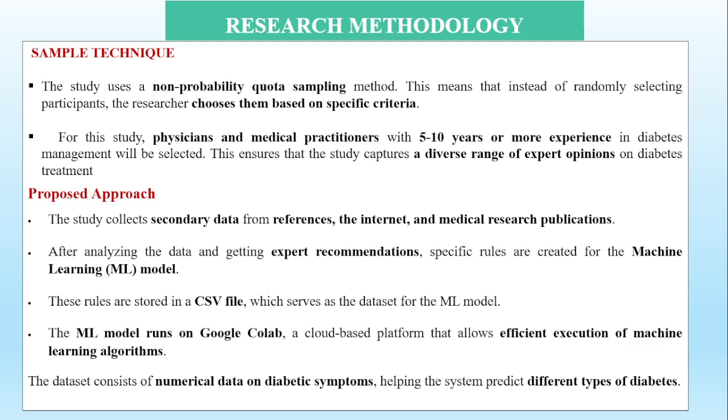These rules are stored in a CSV file, which serves as the dataset for the machine learning model. The model runs on Google Colab, a cloud-based platform that allows efficient execution of machine learning algorithms. The dataset consists of numerical data on diabetic symptoms, helping the system predict different types of diabetes.